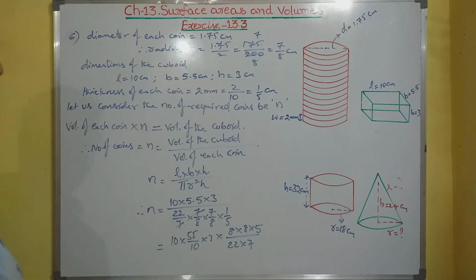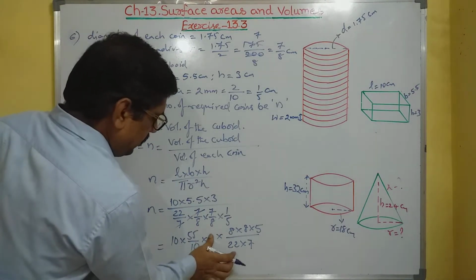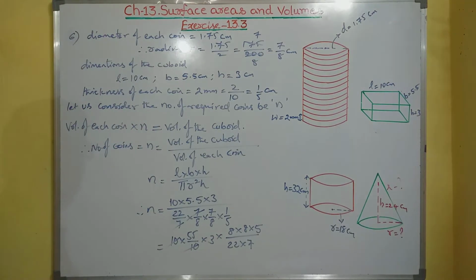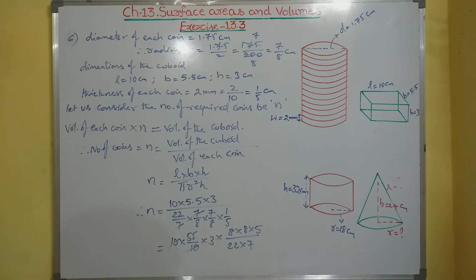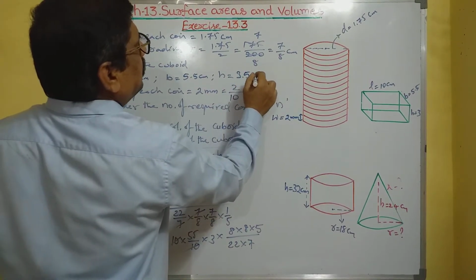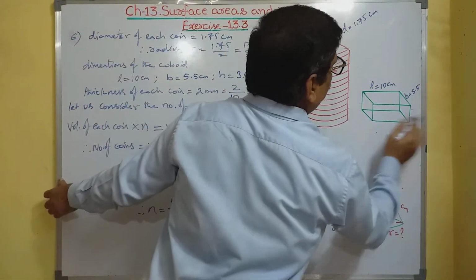Now let us cancel. Any cancellation possible? 10 will be cancelled. Okay. Actually, here the height is 3.5 centimeters, not 3. Here also.